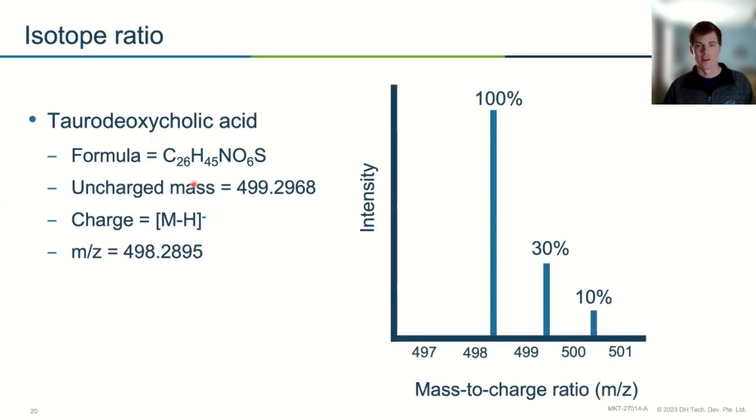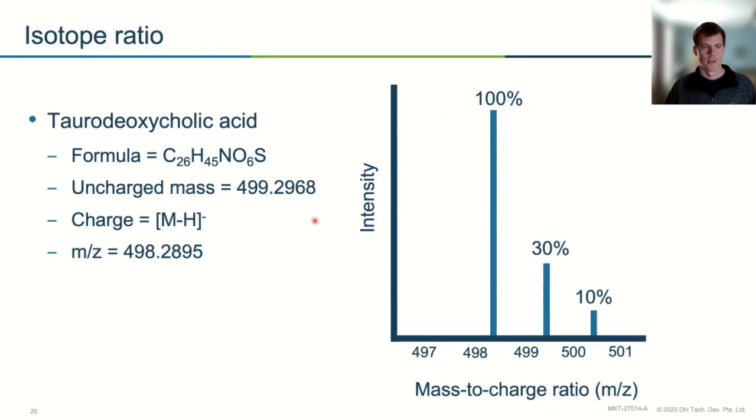And I'll tell you in a minute why I used this one, but it has a formula with some sulfur and lots of carbon, and you can see it has a distinctive isotope ratio: 100% of the signal here at 498.2, and then 30% of that at 499.2 and 501.2, because it's negatively charged.